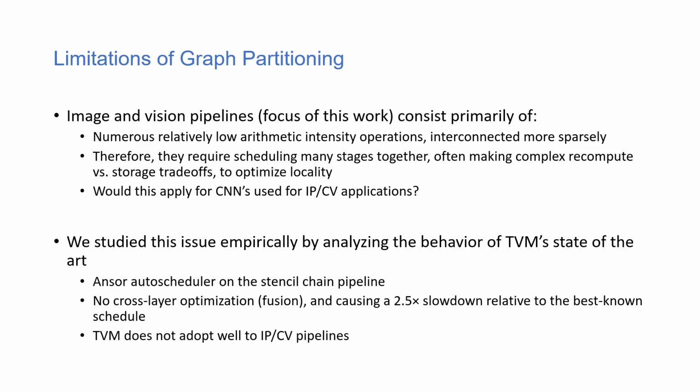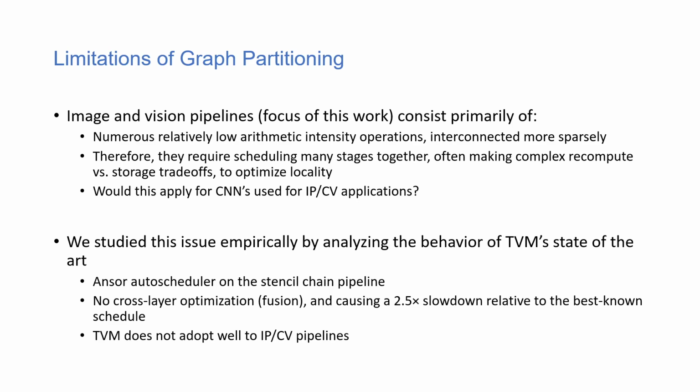But I wonder if this applies also to convolutional neural networks for image processing and computer vision applications, because I understand that many of the operations that you see in image processing can be modeled in convolutional neural networks. I see the convolutional neural network as a generic image processing pipeline. So I wonder if some of these things might apply also to CNNs.